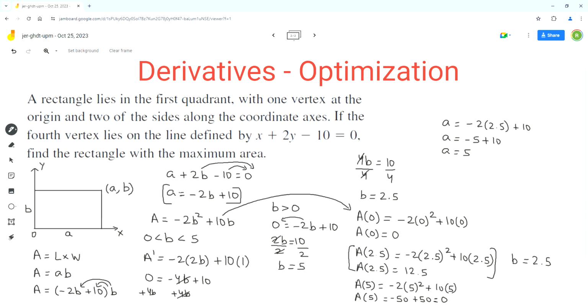That means the area of the rectangle will be maximum if the coordinates of the fourth point are 5, 2.5. So this should be the final answer for this problem.